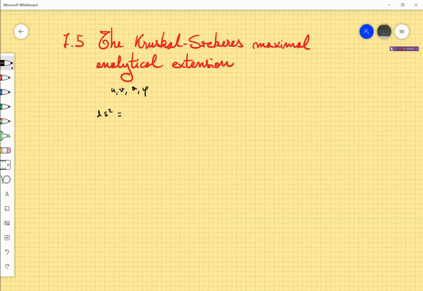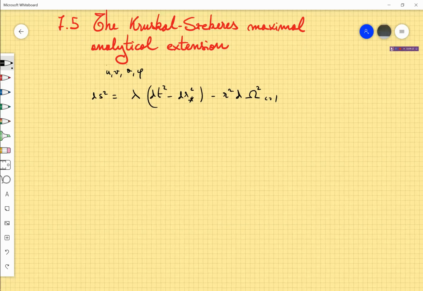Remember that using this tortoise coordinate r star, we managed to write the metric in this way, where now r is to be considered a function of r star. The main property of the tortoise coordinate was that dr divided by lambda was dr star, and this is what allows us to take this lambda as a common factor here.